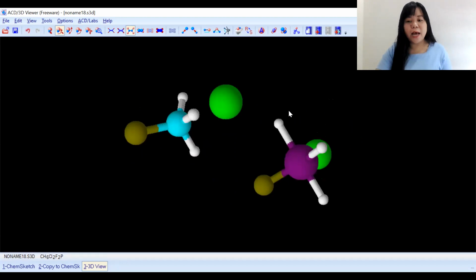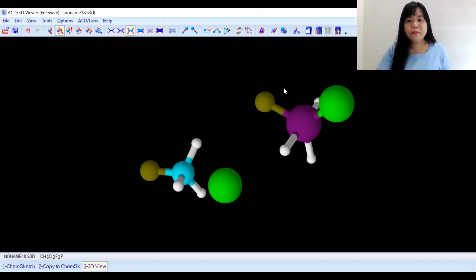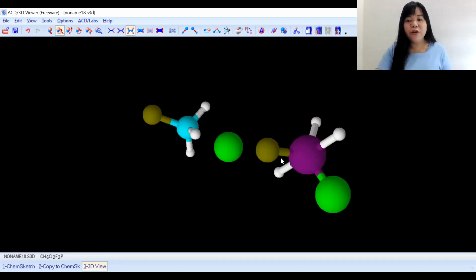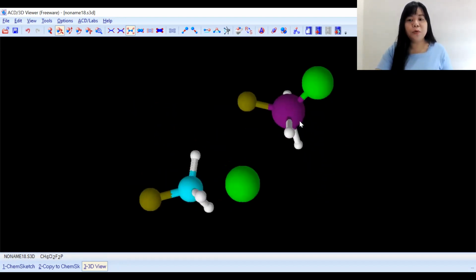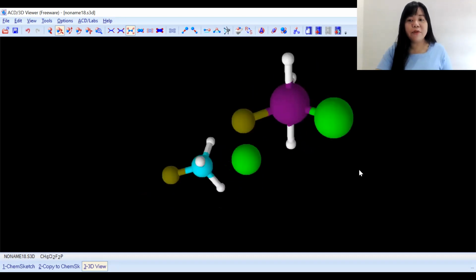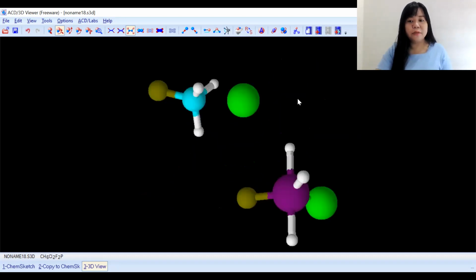Also notice that the leaving group and the nucleophile would be oriented in opposite poles or as far away from each other as possible.